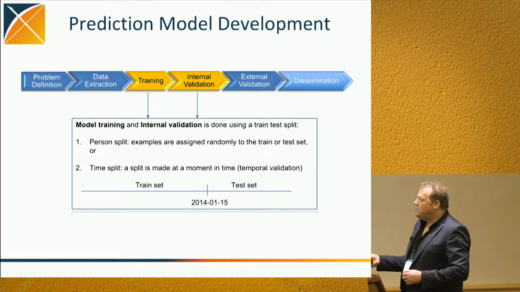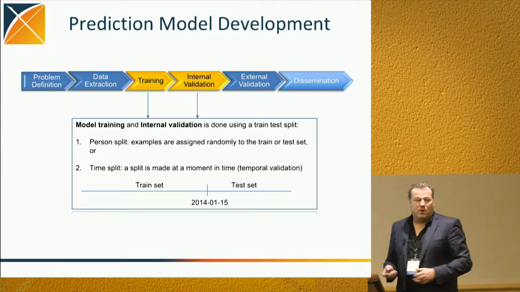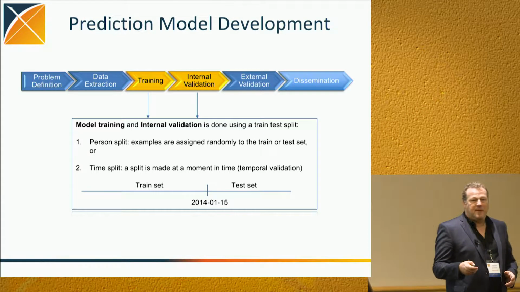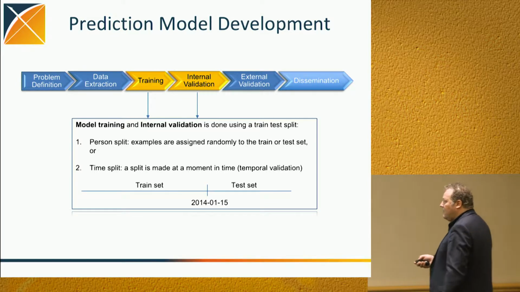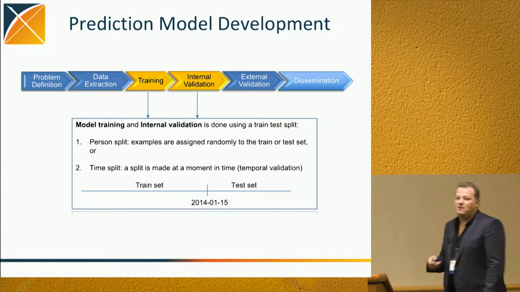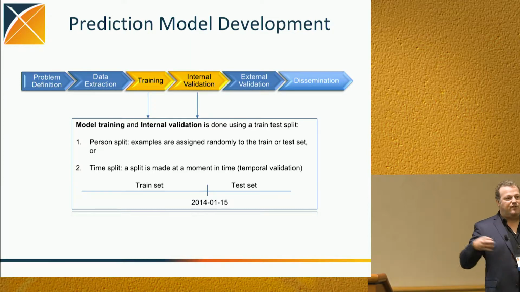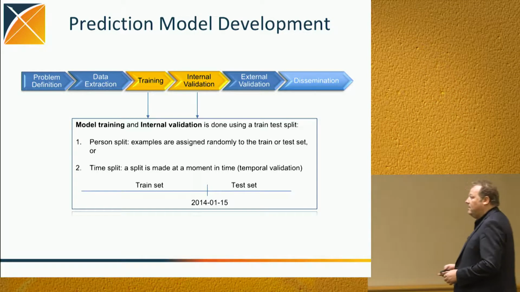But what we can also do is a time split. So there you say patients before a certain moment in time belong to the train set, and patients after that moment in time belong to the test set. I think this kind of temporal validation is a very interesting approach because things may change over time in the system, and therefore this may be a good way to assess that effect.